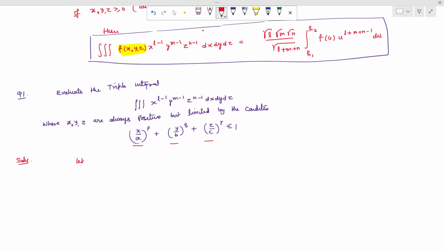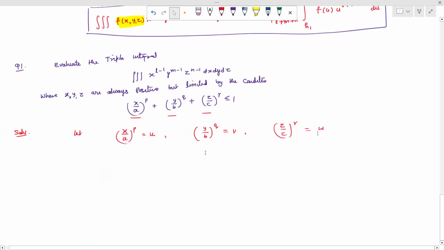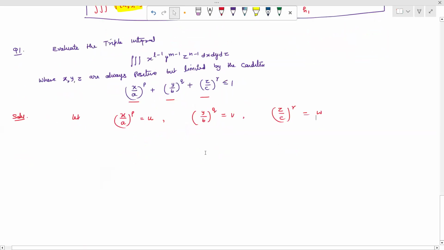So here we consider x upon a raised to the power p is equal to u. Similarly, the second term y upon b raised to the power q is equal to v, and the third we took z upon c raised to the power r is equal to w, because we make the equation of plane x plus y plus z less than or equal to 1.